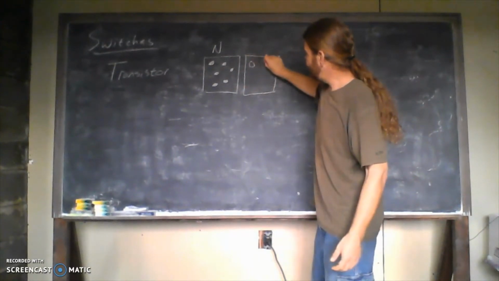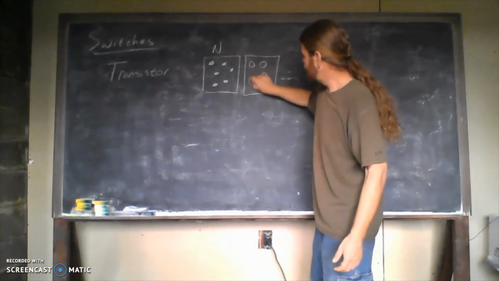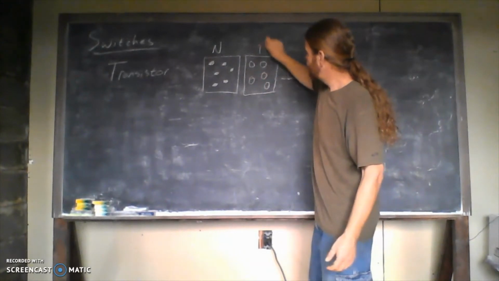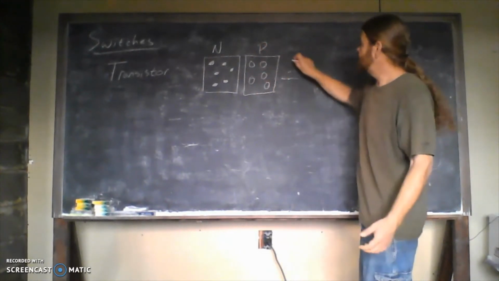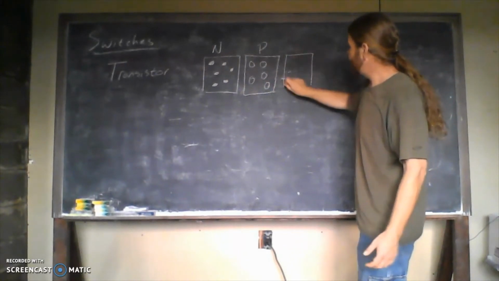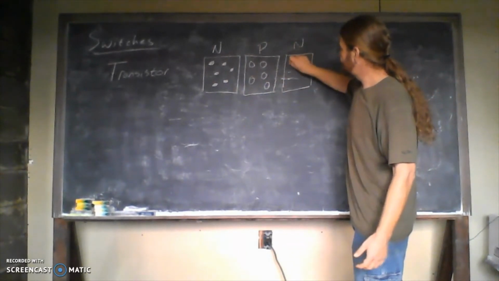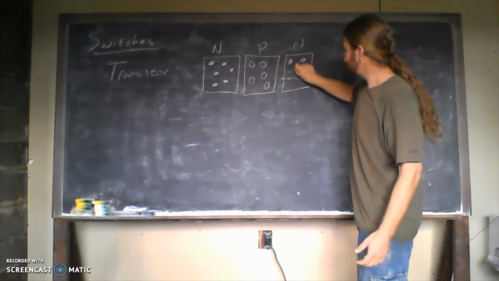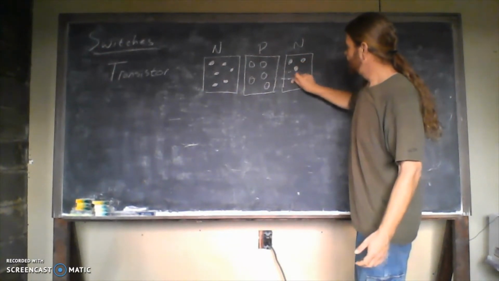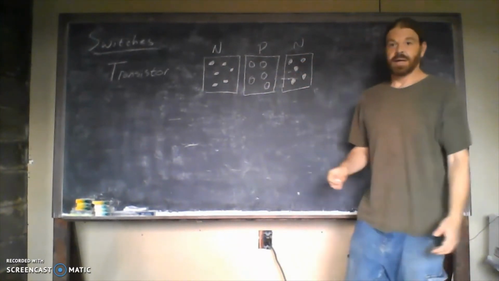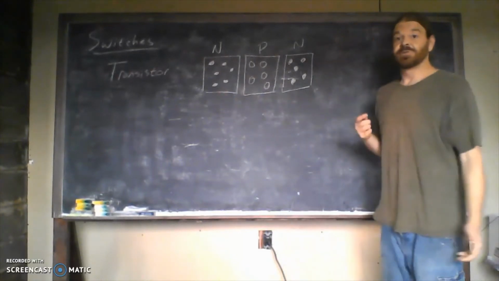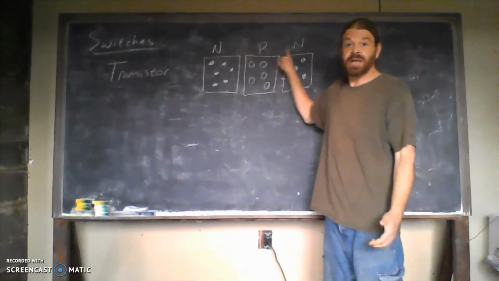So our P-type silicon has all the holes, and we sandwich that between two N-type silicons with those plugs. And that's the parts of a transistor, in particular an NPN transistor.